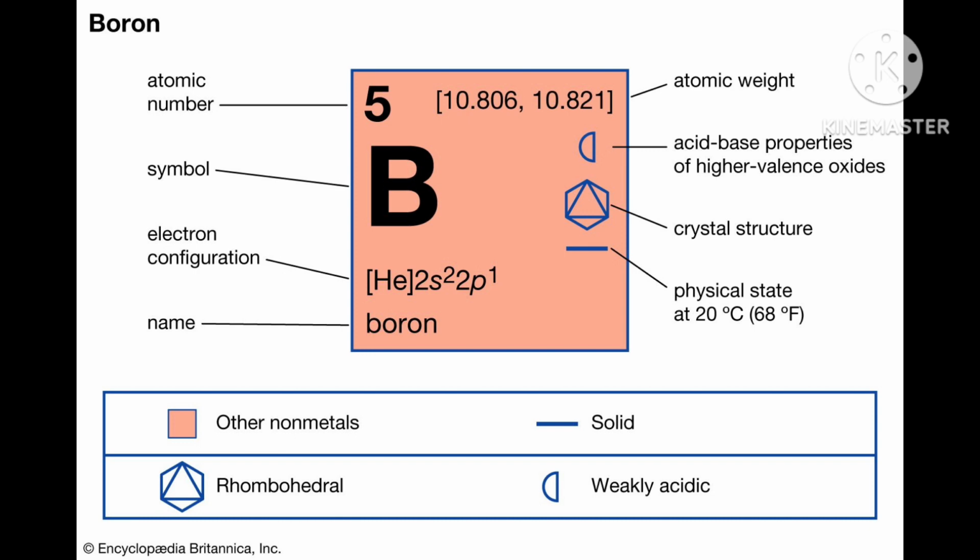BF3 is electron deficient, so it will take electrons. When it reacts with ammonia, the lone pair of electrons on nitrogen is taken by boron, forming F3B←NH3, where a coordinate bond is formed between nitrogen and boron. It is due to the absence of d orbitals.